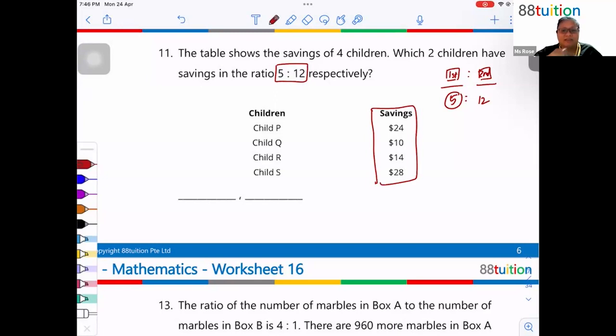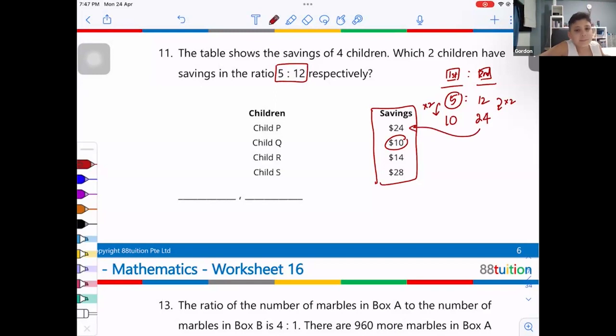Okay, nobody? Child Q will give you a multiple of 5 because it is a 10. So that means I do times 2, right? So if I times 2 here, I will get 24. Do I have a 24 anywhere? Yes. Child P.